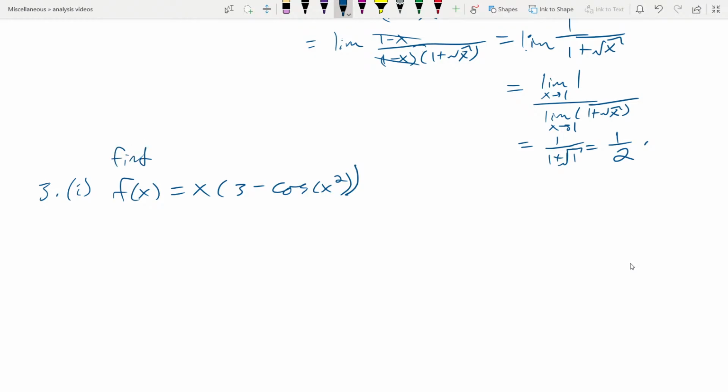This problem asks us to find the limit of f of x as x approaches a. Here, a is going to be 0. And we need to prove that the limit is equal to that value using the rigorous definition.